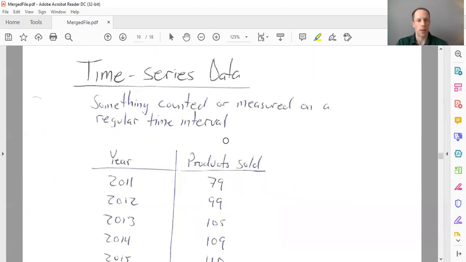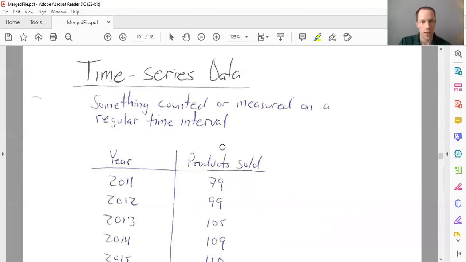One other thing that I want to point out to you from chapter 2 is called time series data. Time series data is data that you collect on a regular time interval. So if you check the temperature every day at noon, you're doing that on a daily basis. Or if you're in business, you might tabulate the number of products that you sold at the end of every year.